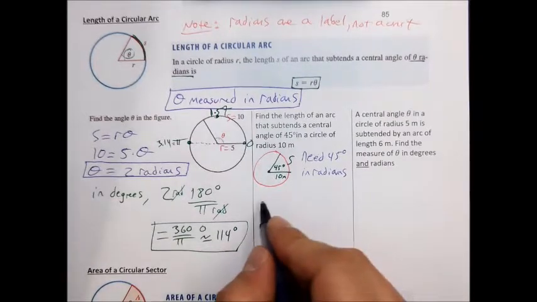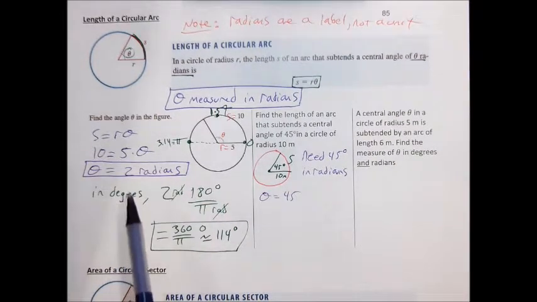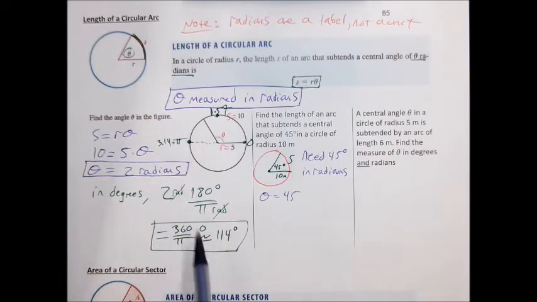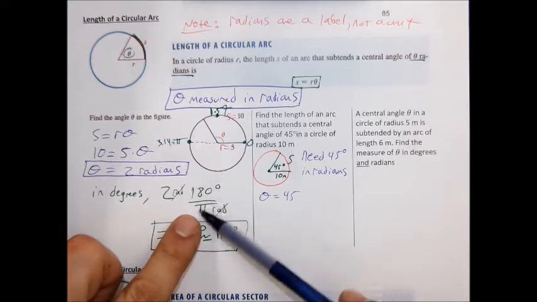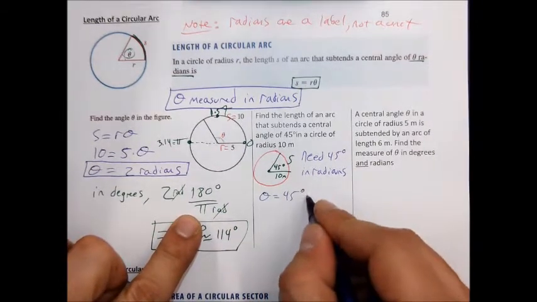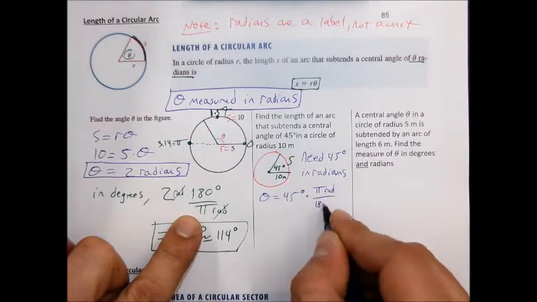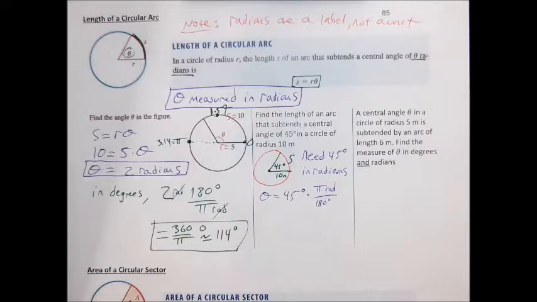We take that theta value, and we're going to do the opposite of what we did before. Before we went from radians to degrees, and so now we want to flip this 180 over pi and make it pi over 180. So we take 45 degrees and multiply it by pi radians over 180 degrees. You can see why this makes sense.